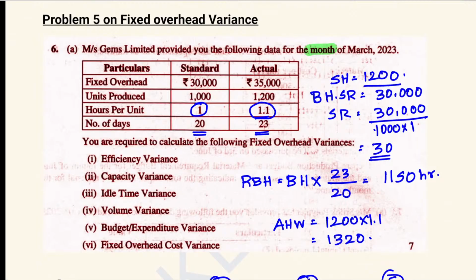So fixed overhead is 35,000. Then units produced is 1,200 and hours per unit is 1.1. There is no mention of what is the actual hour or what is the idle time or what is the actual hour worked. So if I divide 35,000 by 1.1, I'm not getting any data. 35,000 divided by 1,200.